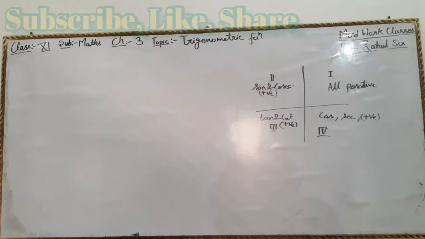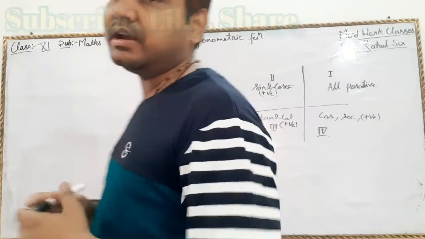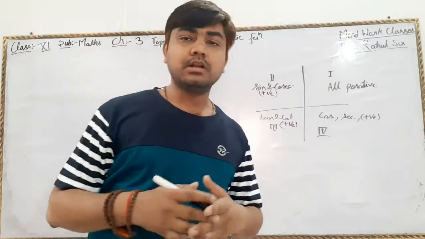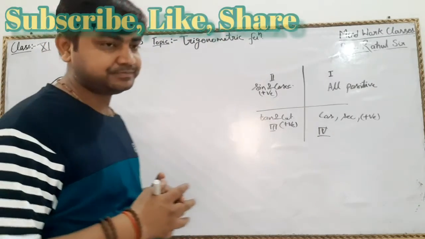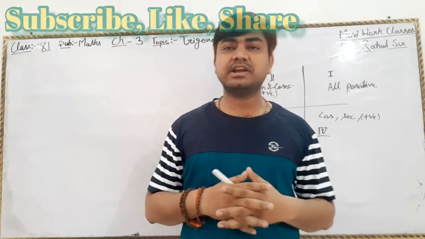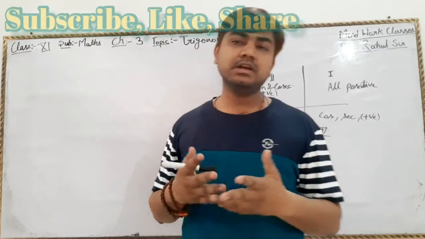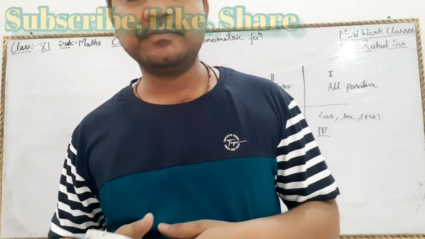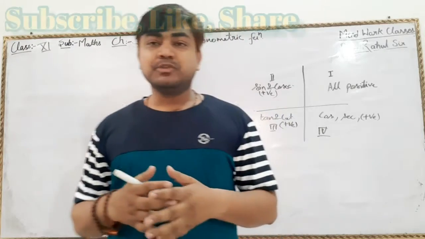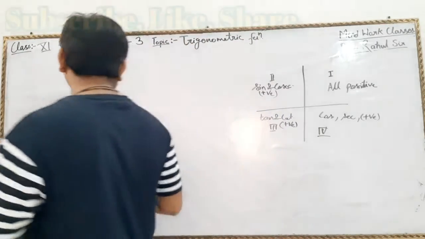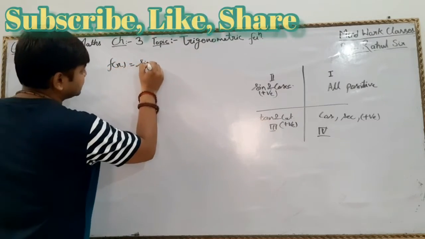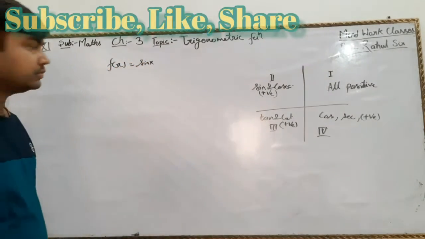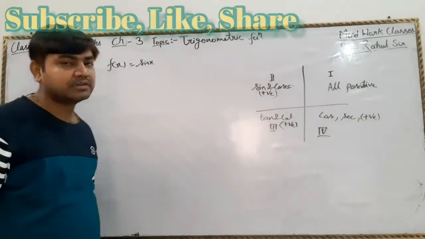Now let's understand what the domain and range are for any particular function, like the sine function. First we have to understand what the domain is and what the range is for any particular function. So let us write here f(x) equal to sin x.